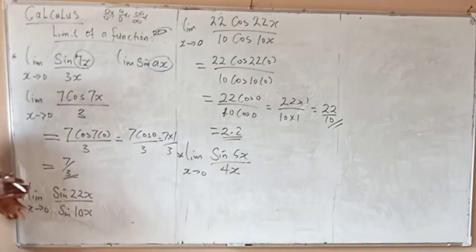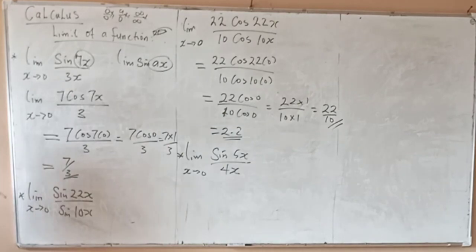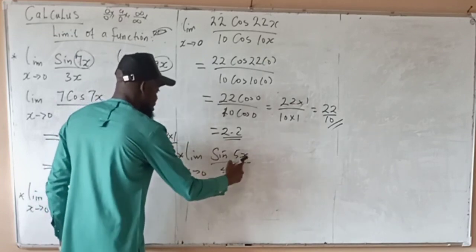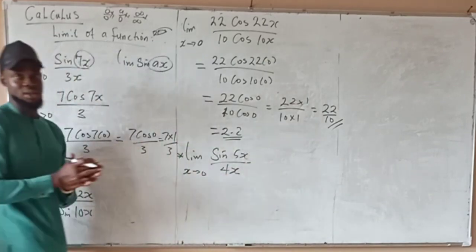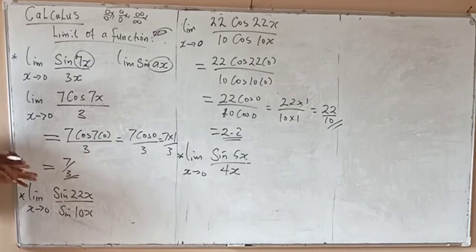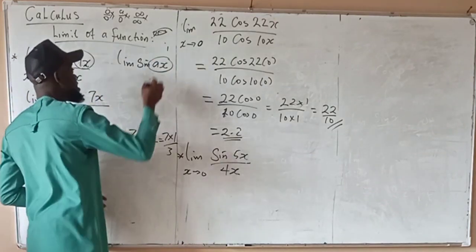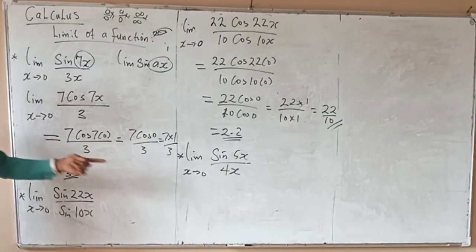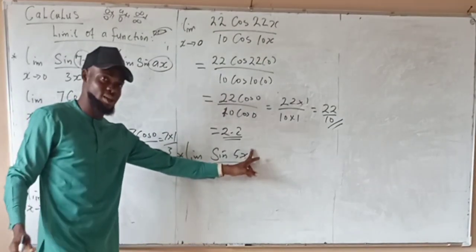Then next, the x in the terms must have a degree of 1. It must not be x squared or x cubed. It must be x to the power 1.